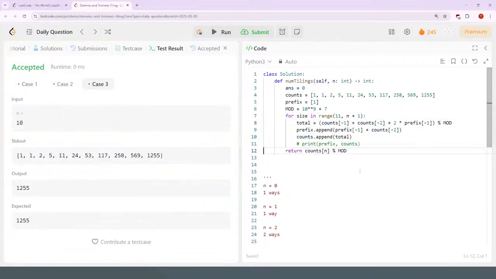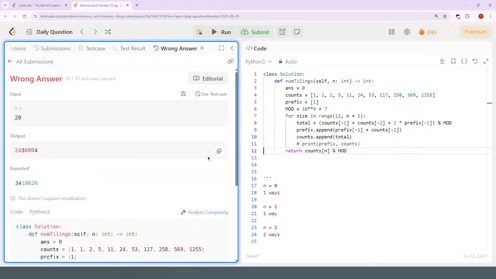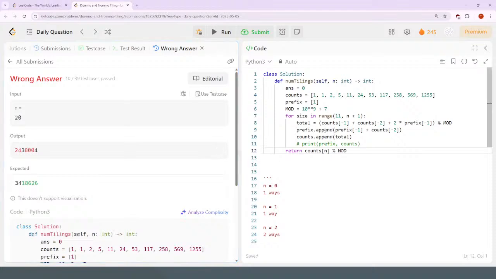Okay, let's see if this hard coding hacks the results or the speed. It doesn't even get it right. What the heck? Oh, yeah, I need to get the prefix sum correctly, actually.